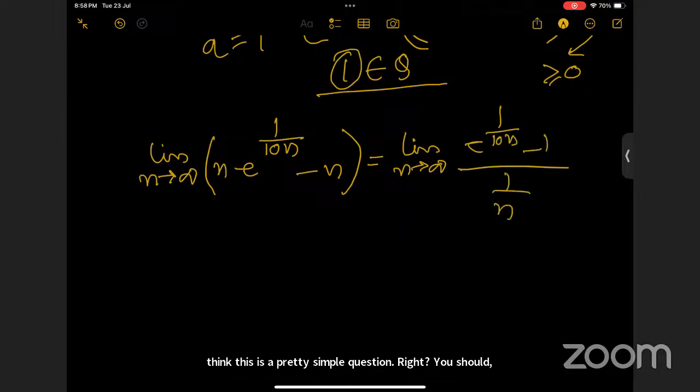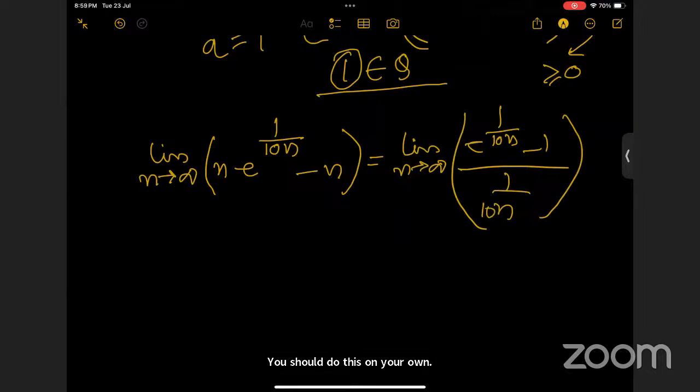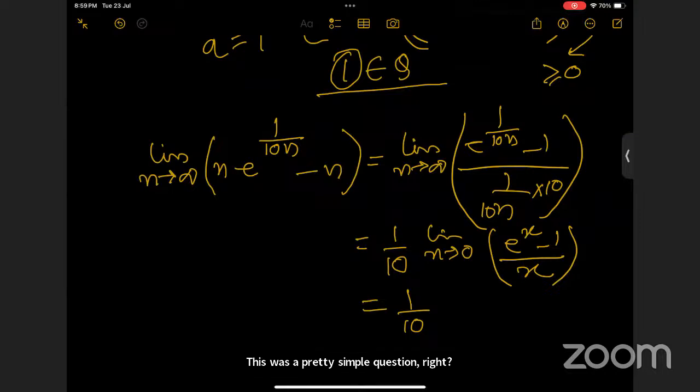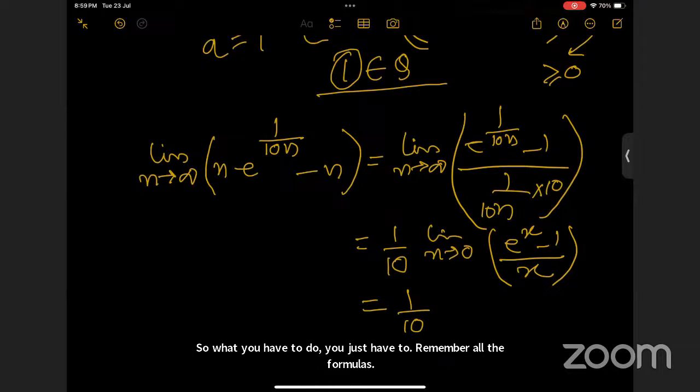We can write it in this form, then just do this multiplication and you will get 1 by 10 limit x tends to 0 of (e power x minus 1) by x. What you have to do is remember all the formulas, then bring the question into a format so that you can apply the formula, right?